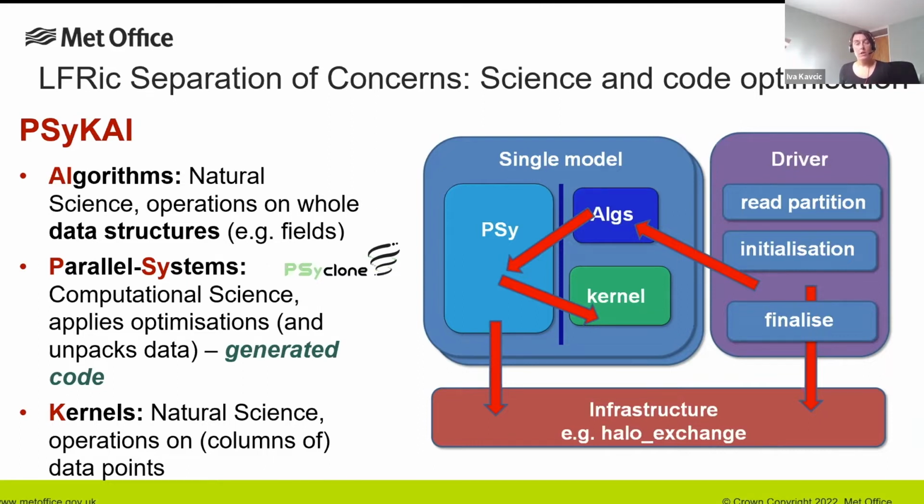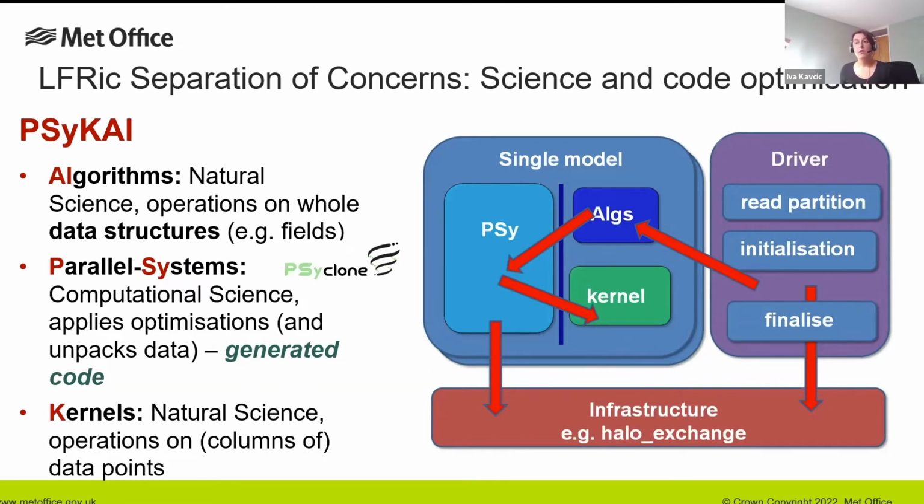Hence we implement data structures as objects that contain the data and the operations that access the data, pack them, unpack them, and so on. That is supported by the LFRic infrastructure shown at the bottom right of this slide, which does all of it, and it also provides support for parallelism.